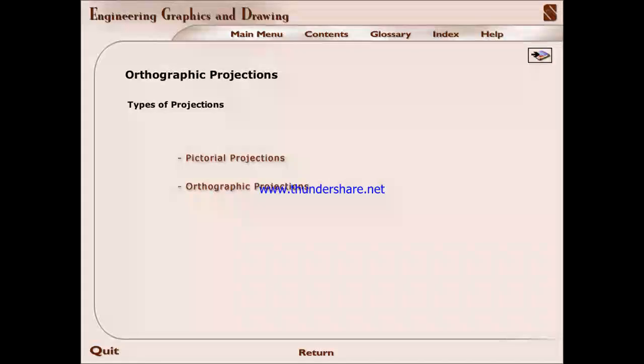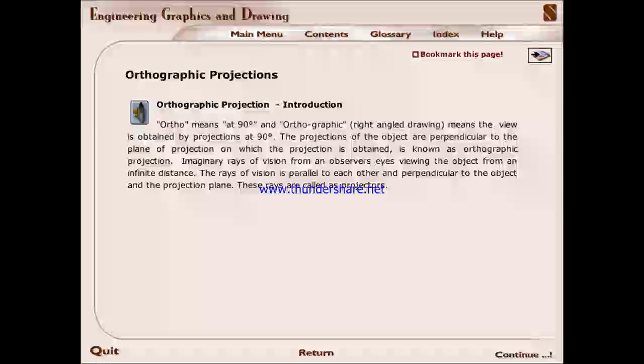Now next, orthographic projections. Introduction. Ortho means at 90 degrees, and orthographic, a right angles drawing, means the view is obtained by projection at 90 degrees.